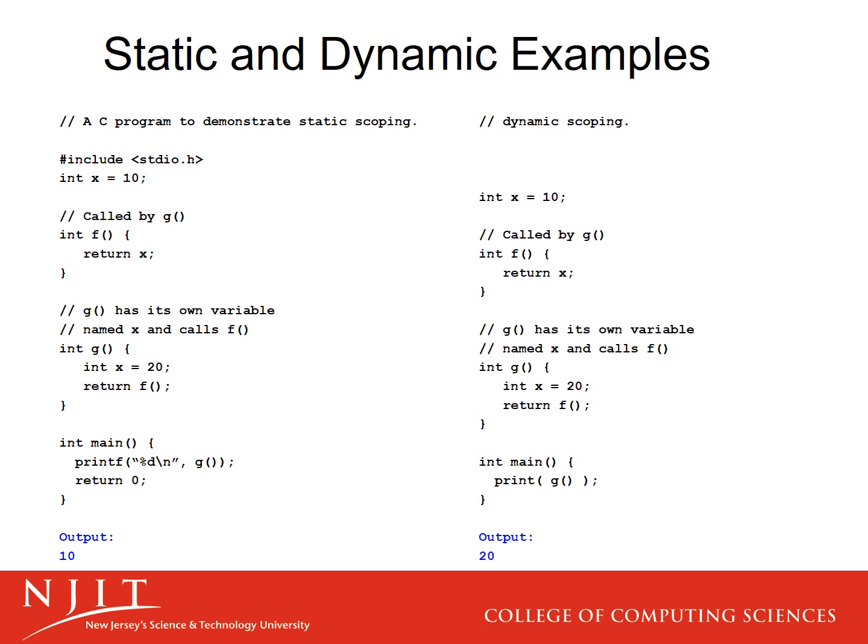Well, there is no x declared in the scope of F, so it's going to find the x equals 10 global at the top of the program. So running this program prints 10.